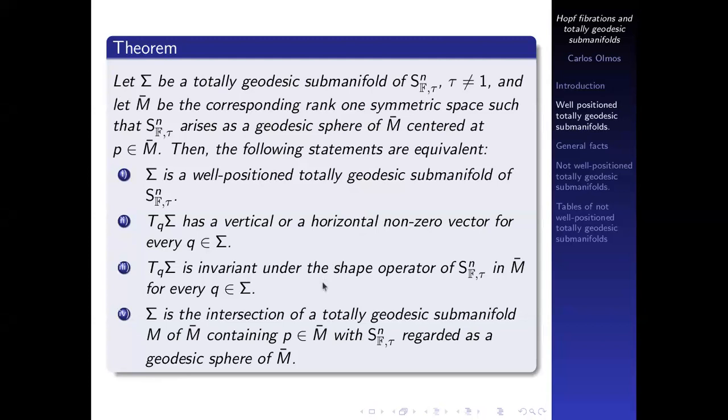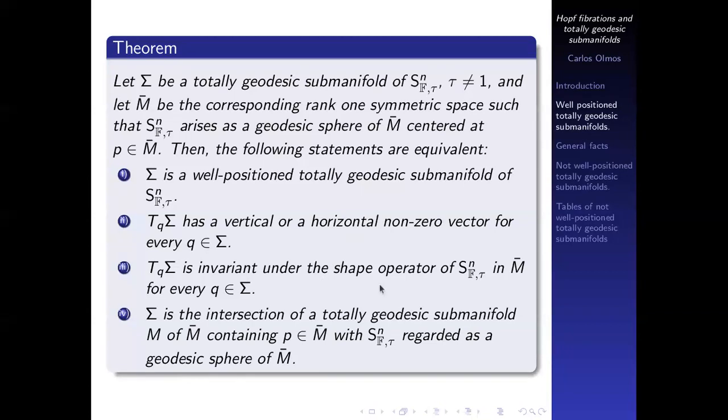Third, the tangent space is invariant under the shape operator of the geodesic sphere. And the other one is that sigma is the intersection of a totally geodesic submanifold of the ambient space.